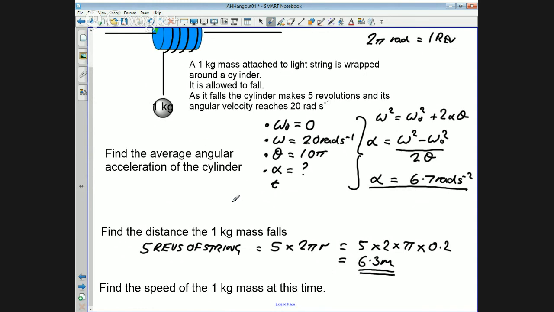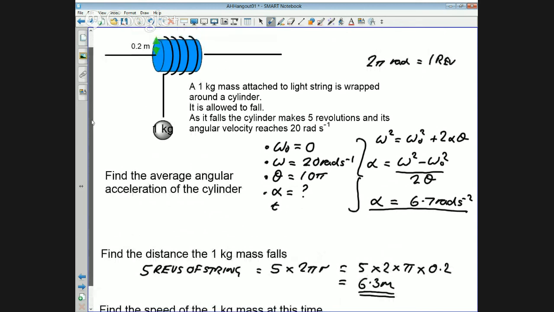Now, one of the other questions here is a very famous one. Find the speed of the 1 kilogram mass at this particular time. Well, to find the speed, this totally confuses people because they're so wrapped up in the speed of the particle that they can't remember how to work out the speed at that particular point.